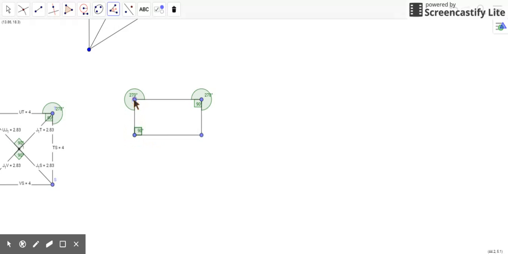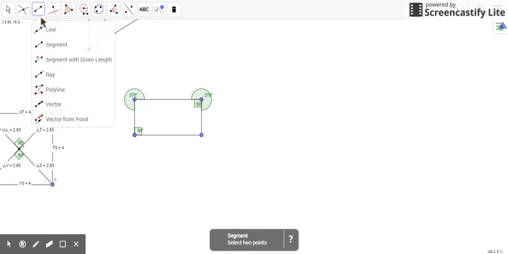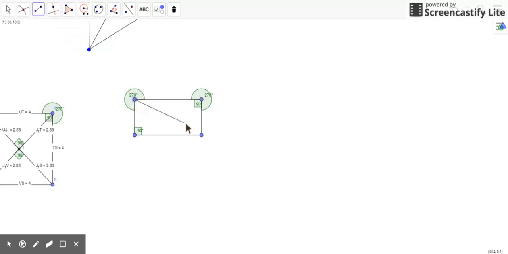And then they have two sets of parallel sides. So these are parallel, and so are these. Then all angles are congruent, because they're all 90 degrees. And the diagonals are also congruent. And I'll show you that right now.